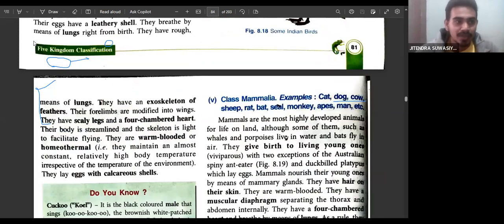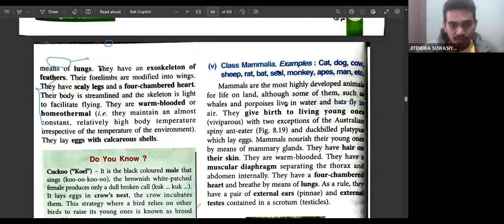Okay, so next we have class Mammalia. In the class Mammalia, whatever mammals we see, like human beings, cat, dog, cow, sheep, rat, bat is also a mammal, seal, then monkey, apes, man, etc. These are the classes of mammals, right?